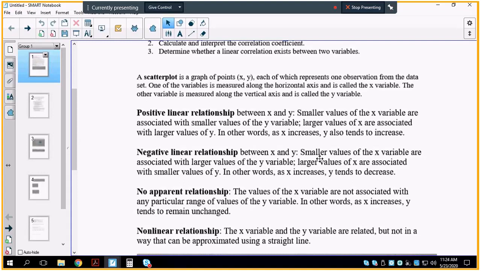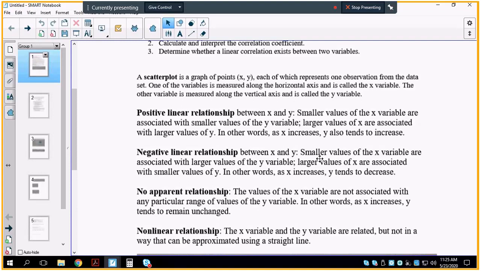So as earlier, if we increase the value of the x variable, the y variable will have the tendency of decreasing. And if we find out that the values of x variable are not associated in a particular linear way for any range of y variable, then we will call that situation no apparent relationship. In other words, as x increases, y tends to remain unchanged.